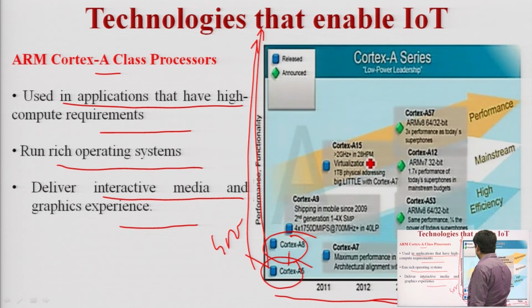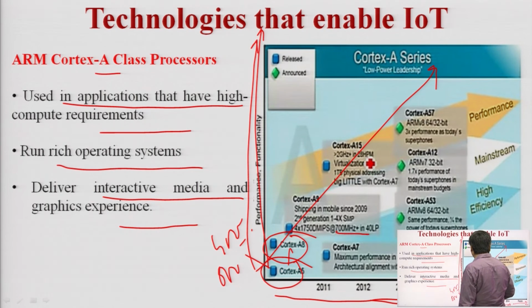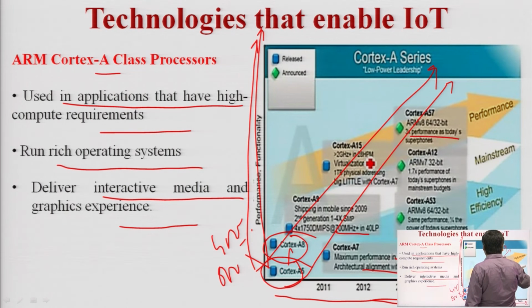Going to the Cortex-A8, the frequency increases from 800 megahertz to 1 gigahertz, and from one generation to another the frequency increases. We are integrating more devices. Going from the ARM Cortex-A5 to A57, the frequency increases, we can handle more bits, and functionality, performance and efficiency increase day by day.